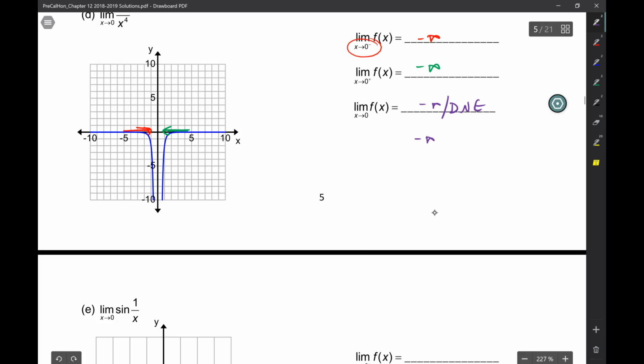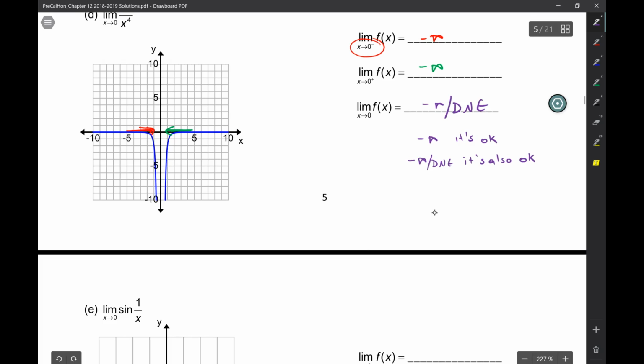You can say negative infinity slash DNE. It's also okay. But for this one, if you say DNE only, not okay.